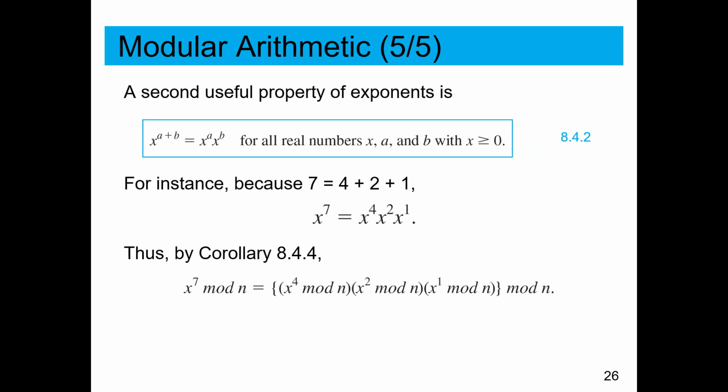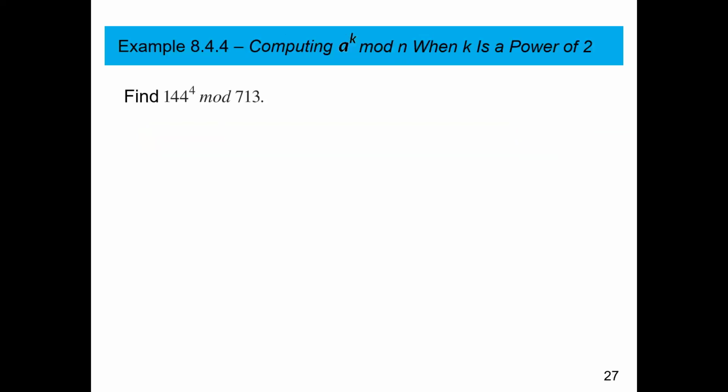All right, let's look at another example. I want you to try this one. What's 144 to the 4th power mod 713? Go. All right, so hopefully you're back, and hopefully you did not just raise 144 to the 4th power and then take it mod 713.